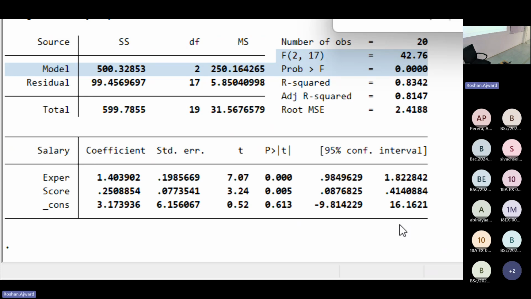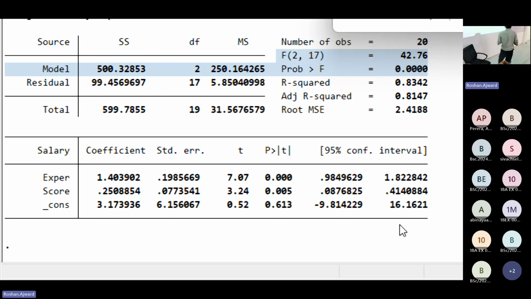Also we use the term slopes. Y equals alpha plus beta x. Beta is the slope.